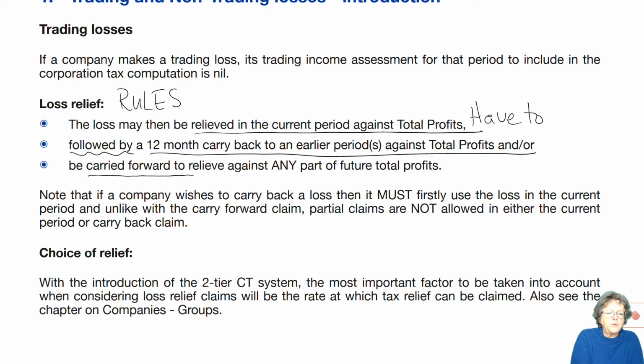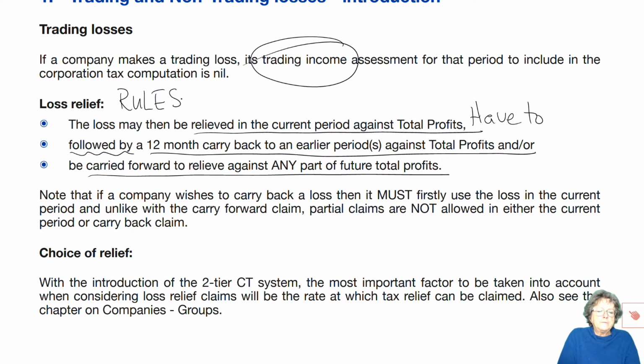Or carried forward to relieve against any part of future total profits. It's all against total profits for trading losses. The other rules are different for gains and for properties. Carry forward, that's what's known as the default position. If you do nothing, that's what will happen.